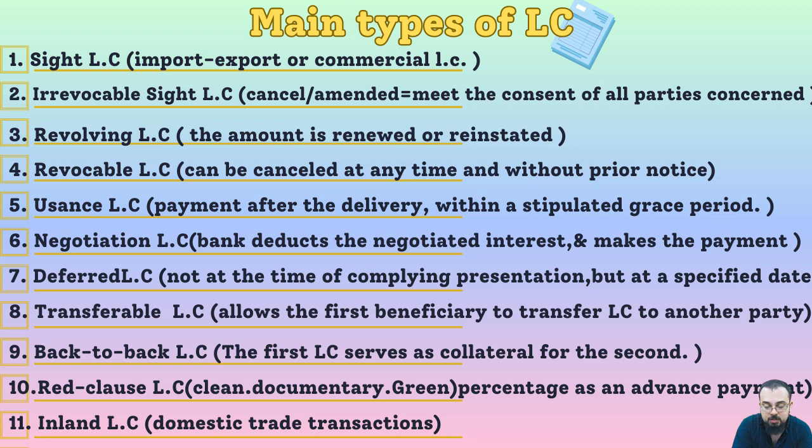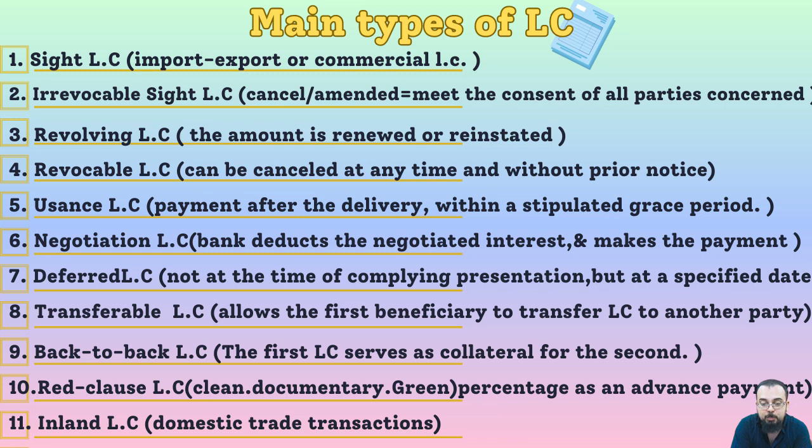Okay, let's continue. We learned that the basic type is sight payment. The next question is about canceling and editing. Therefore, sight LC could be edited, could be cancelled. The second type of LC, or you can say branch of sight LC, is irrevocable sight LC. In this type, there is not any nominated bank.